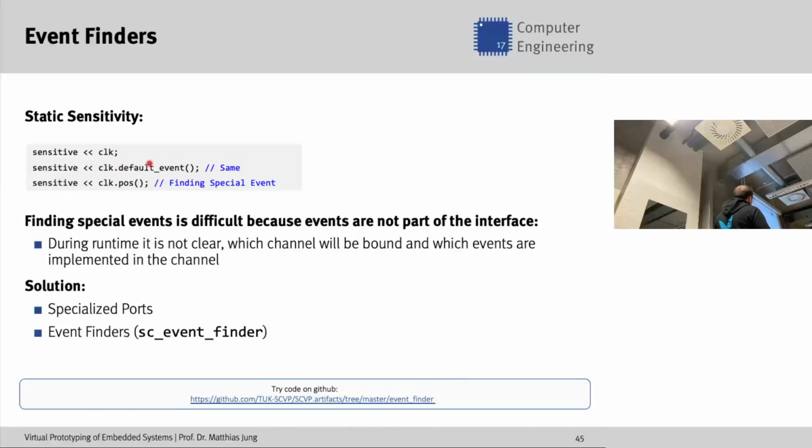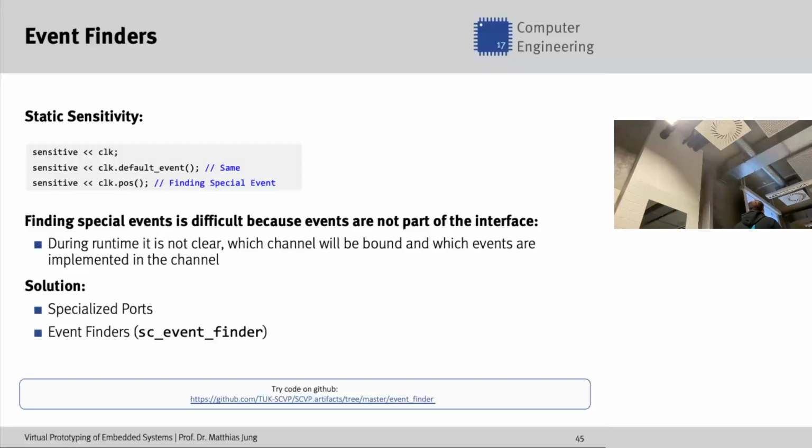We have some special events. So if we write this, then we always mean the default event, and that's the function basically that we have to implement when we write our own signal. But especially for clock, there is another function which is pos. That means this is the positive edge of the clock, because the clock has a positive and then also a negative edge.